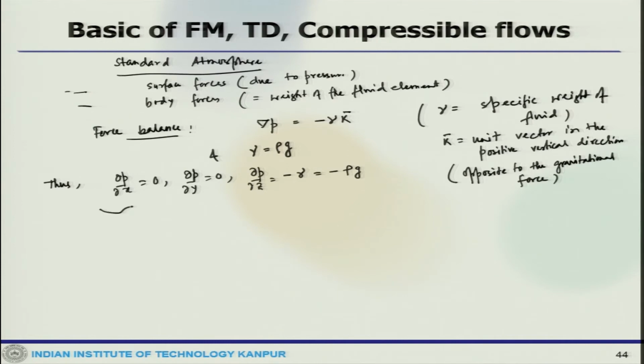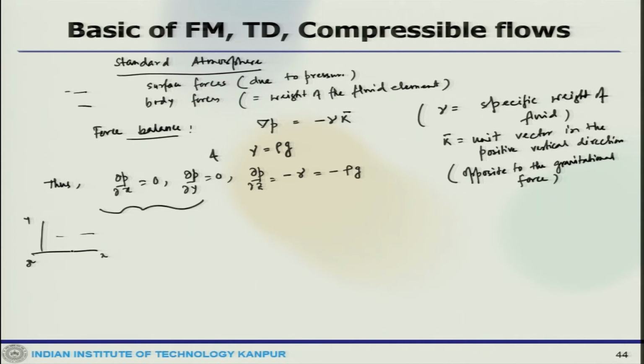These first two derivatives show that the pressure does not depend on x or y. So, as we move from one point to another in a horizontal plane, in an x y plane, the pressure does not change.